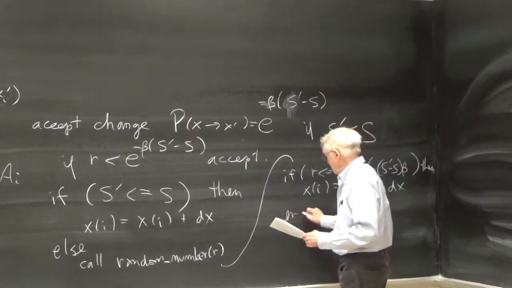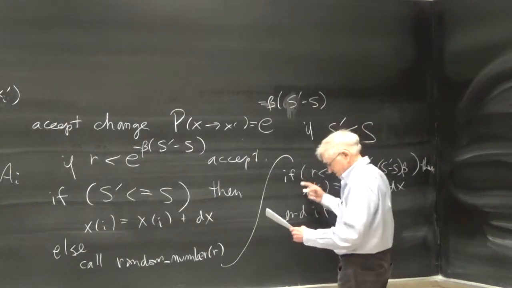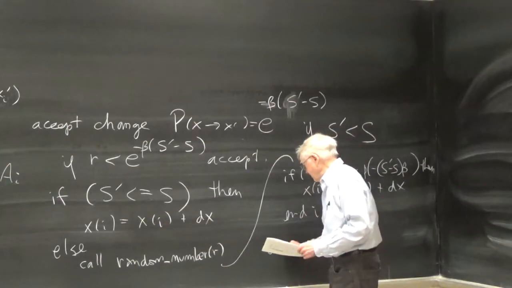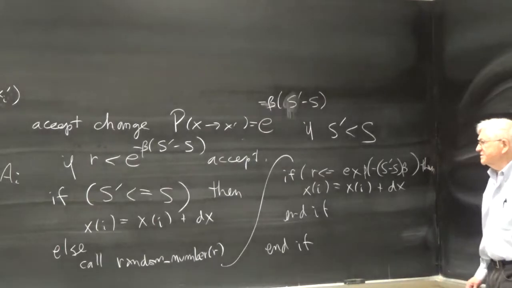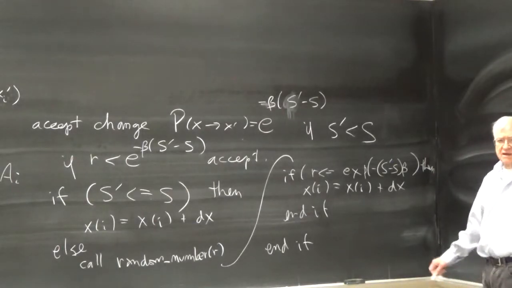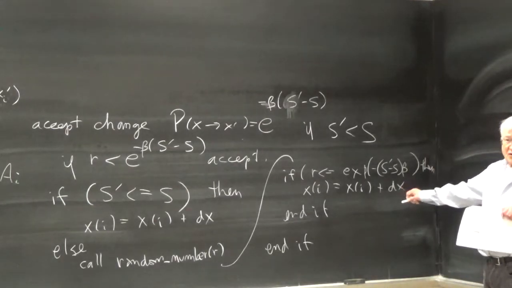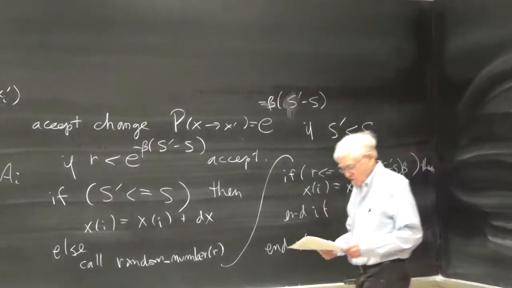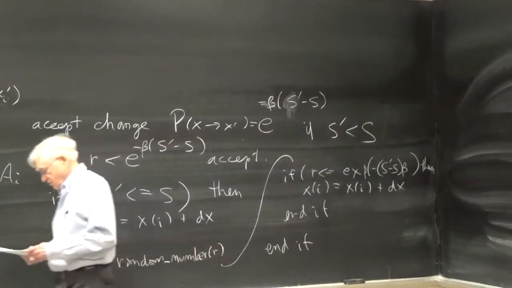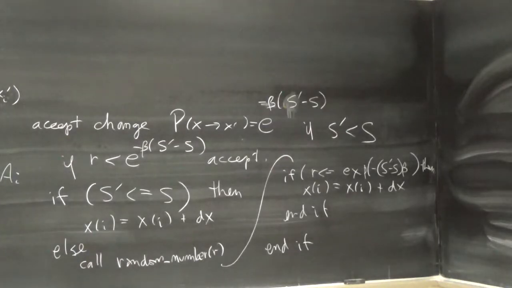And then you do end if for this if, and then another end if. So this is the Metropolis step in Fortran, and you can translate it into Java or whatever language you like to use.